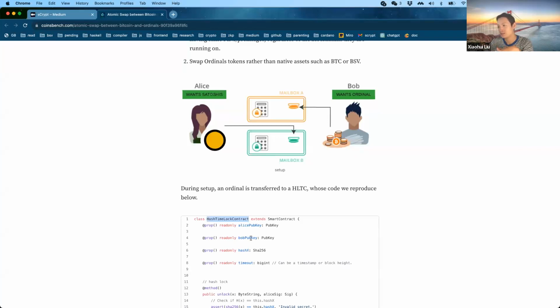Okay. So here you still lock the same thing. And when Bob opens by revealing his hash pre-image, you unlock and get the ordinal. Everything else is the same. The only difference is that you don't lock up Satoshis, you lock up ordinals. Everything remains. You finish the atomic swap between ordinals and Satoshis.